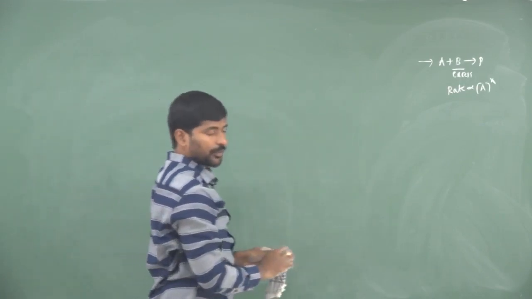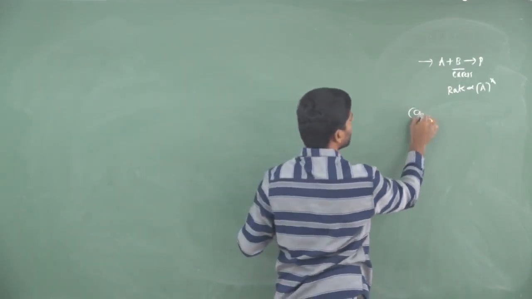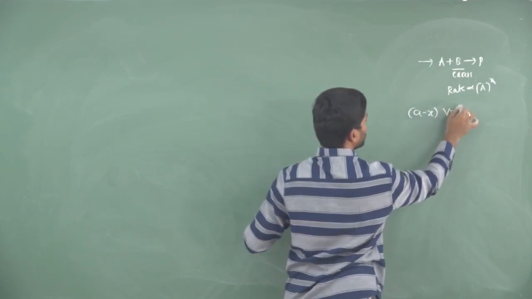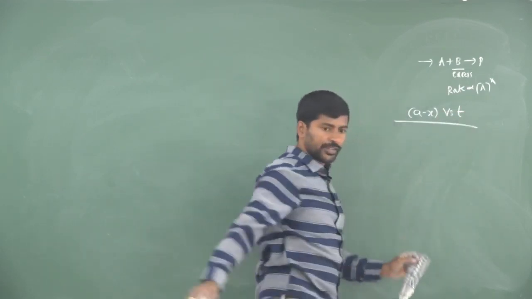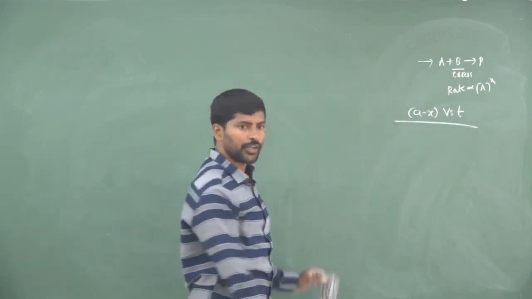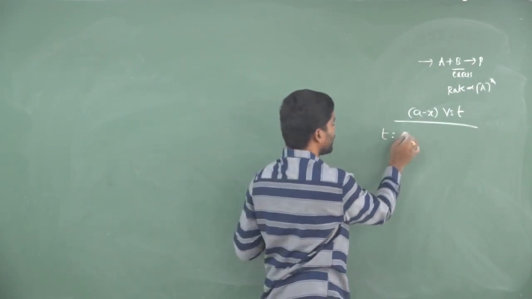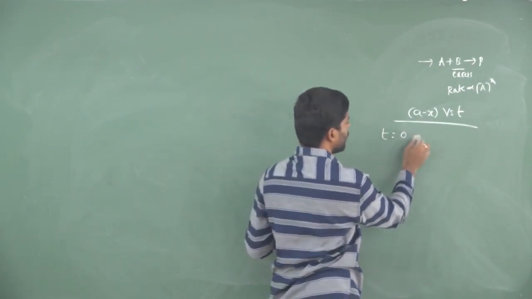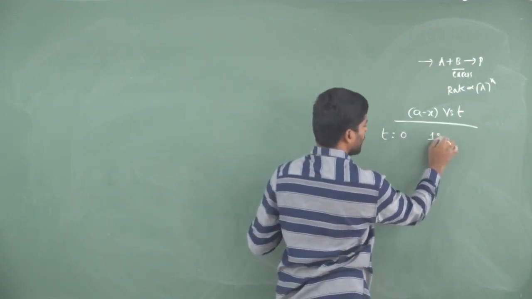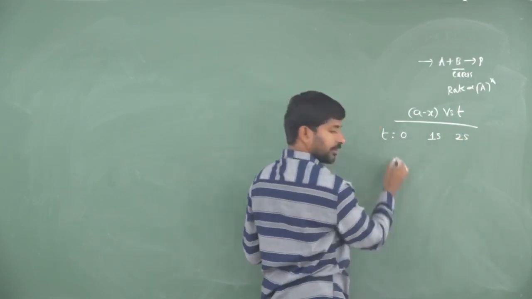Another type of question: if A minus x versus time data is given, how to verify it? For example, time 0, 1 second, 2 seconds.